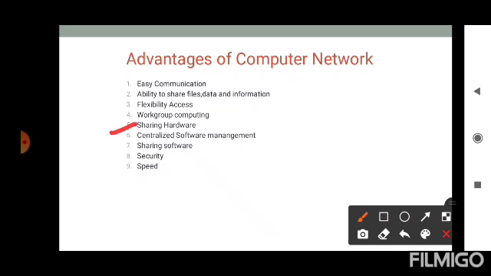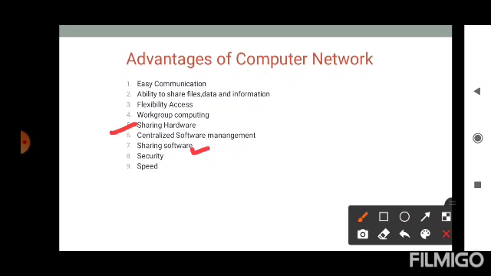Networkable versions of software are available at considerable savings compared to individually licensed versions of the same software. Then centralized software management. Software can be loaded on one computer, eliminating the need to spend time and energy installing updates and tracking files on independent computers throughout.